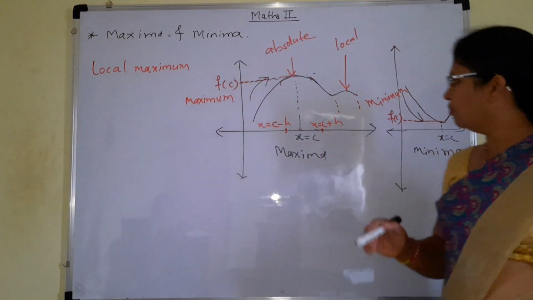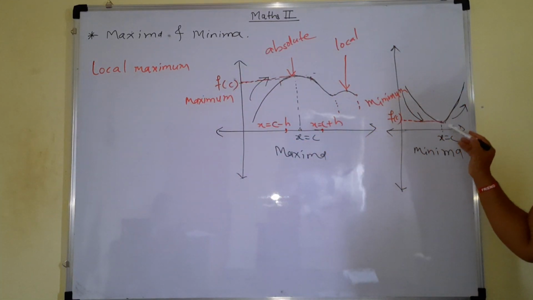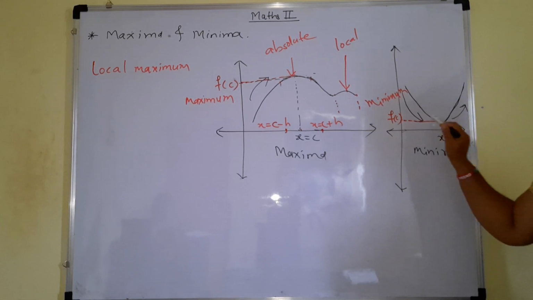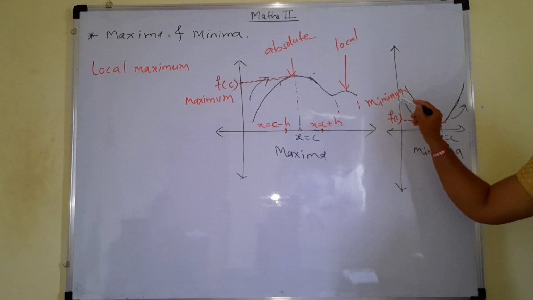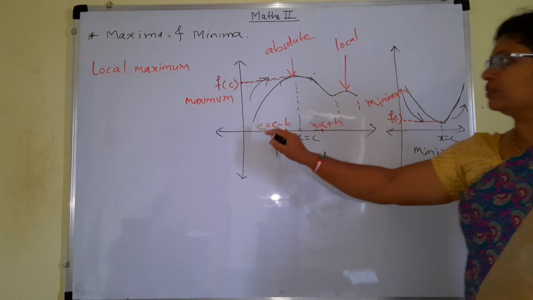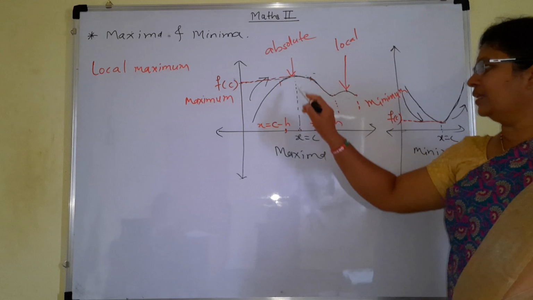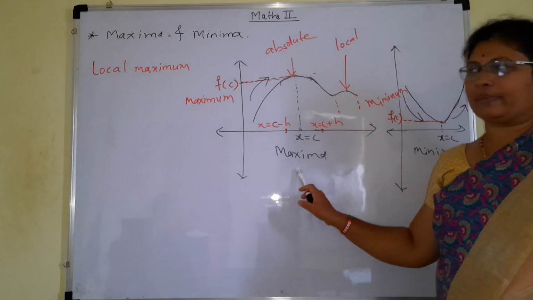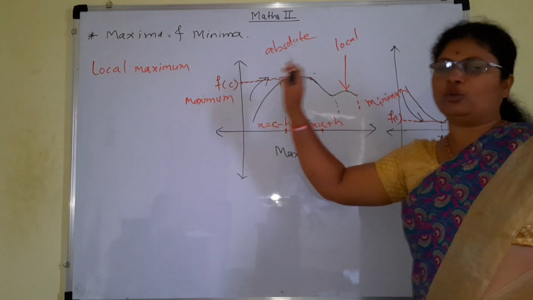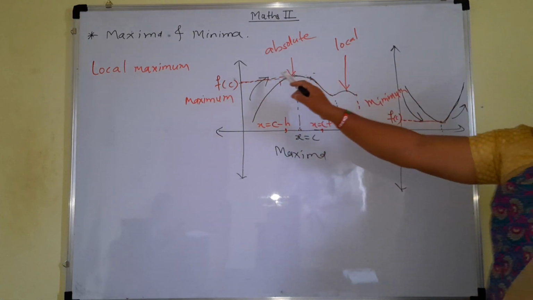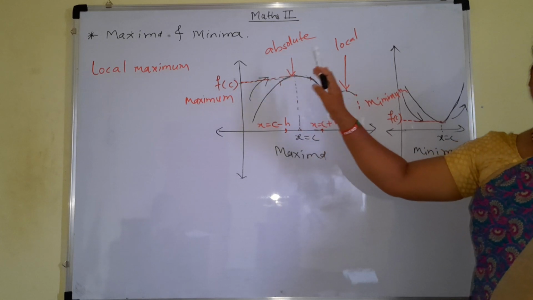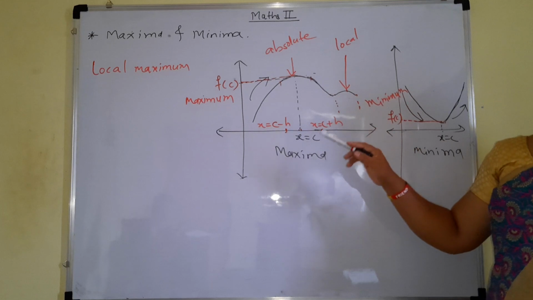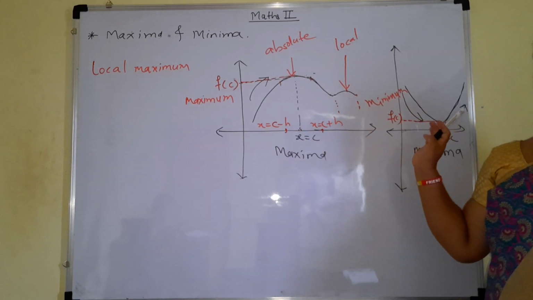So here the first part is decreasing, the second part is increasing, then that point is minima, and the value of the function is the minimum value. And here the first part is increasing, after x equal to c it is decreasing, so x equal to c is called maxima, and at that point the value of the function is the maximum value of that function. Got the concepts of maxima and minima, that is maximum and minimum.